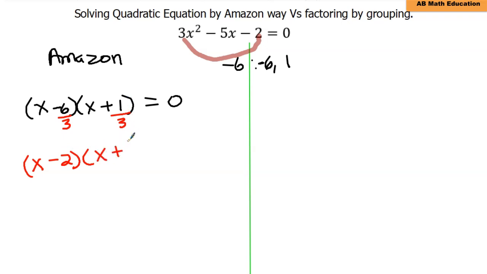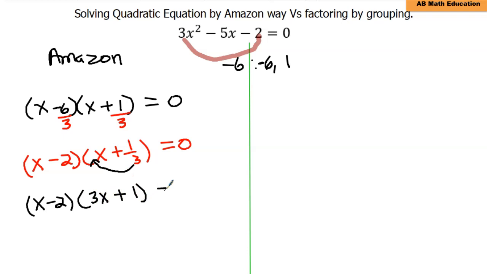So let's rewrite it. Now here it is already a whole number, so we just rewrite it as such, and here we take the division. When it comes here, it becomes multiplication, so that becomes 3x and then plus 1.